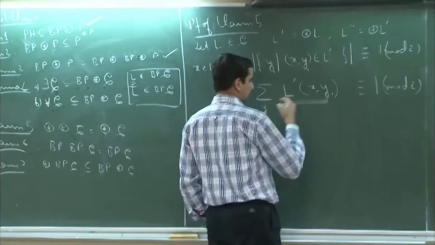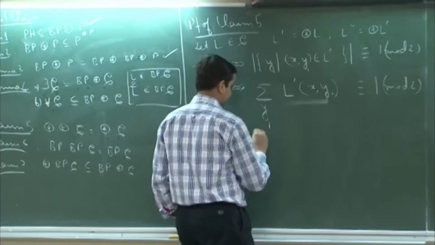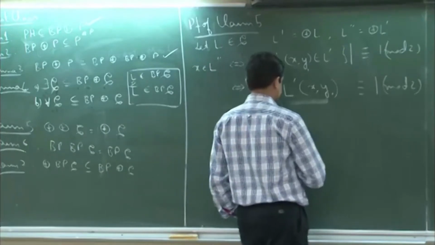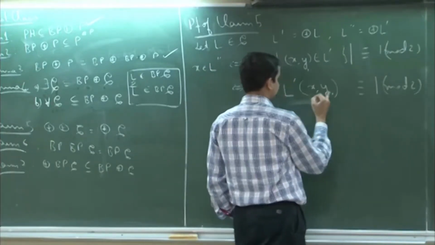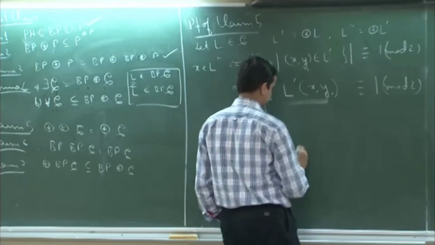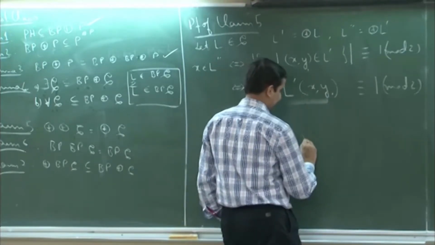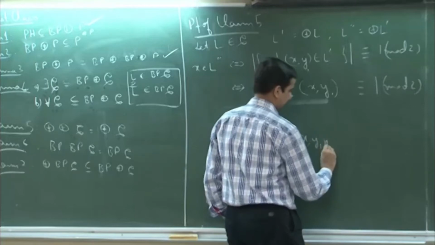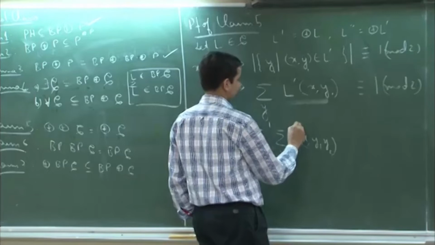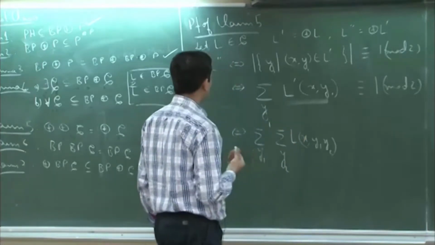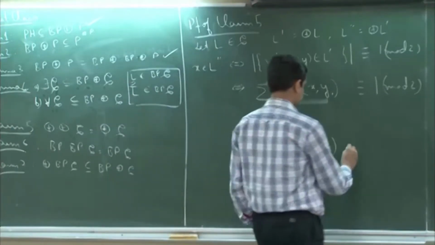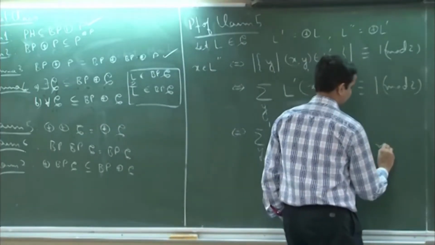Now again I can expand out this predicate: (x, y1) belongs to L prime if the sum over all strings y2 of the predicate (x, y1, y2) belonging to L is congruent to 1 mod 2.